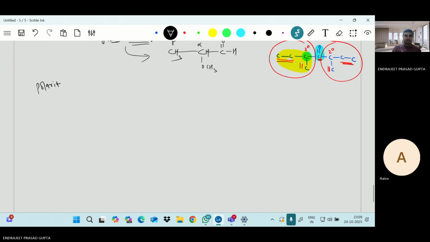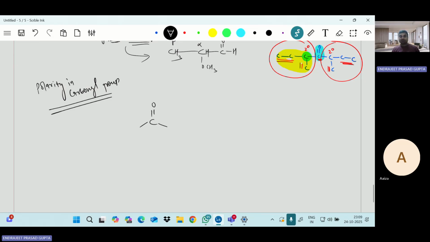Polarity in the carbonyl group. When we talk about polarity, this is C double bond O. Out of carbon and oxygen, which one is more electronegative? Oxygen. It is partial minus, and carbon is partial plus, so it becomes polar.